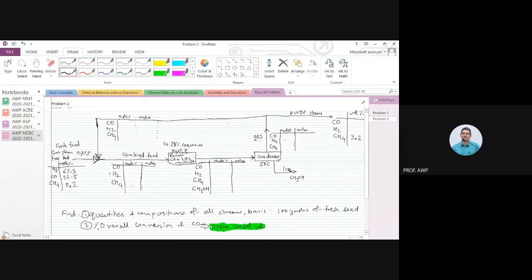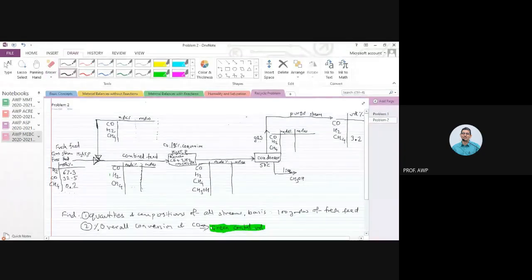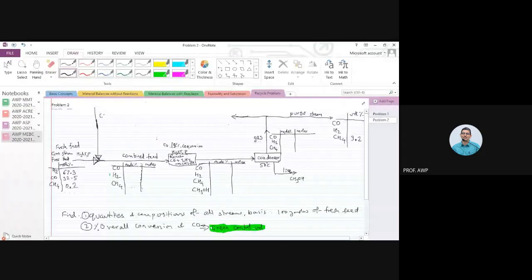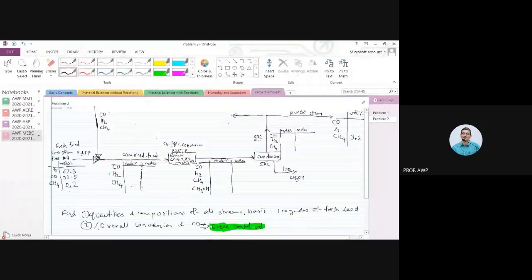It is going back and again generating that recycle stream, and everything is at steady state. So the way we are going to do these problems is we are going to break this recycle stream. We are going to treat it like a different stream going out and a different stream coming in. We are going to break that recycle loop, and we are going to say there is a stream that comes in which has carbon monoxide, hydrogen, and methane.